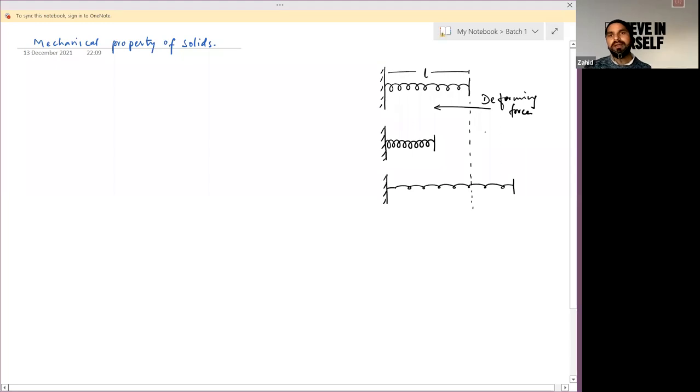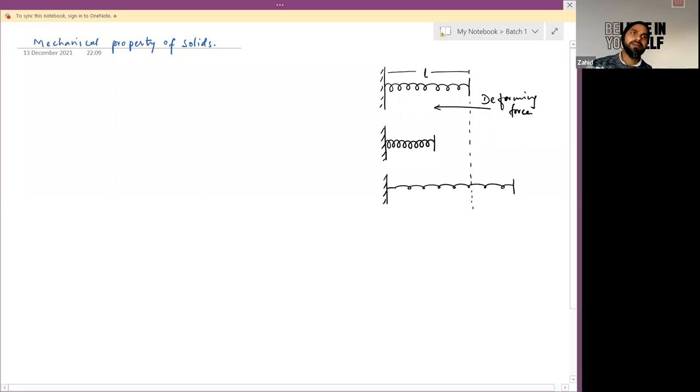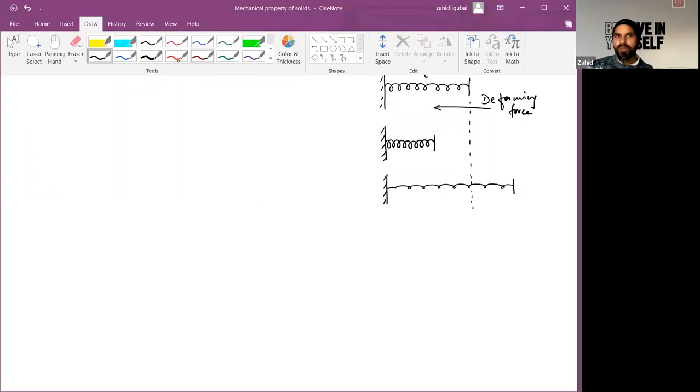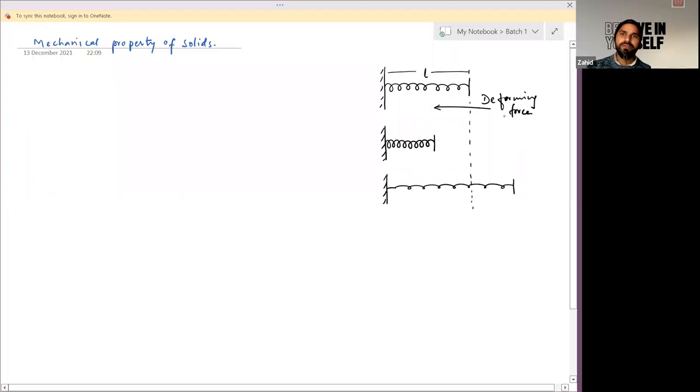Now this spring has a tendency to retain its original shape on removal of deforming force. So a force will get induced into it. In this part, it will be along this direction, and in this part, it will be along this direction.